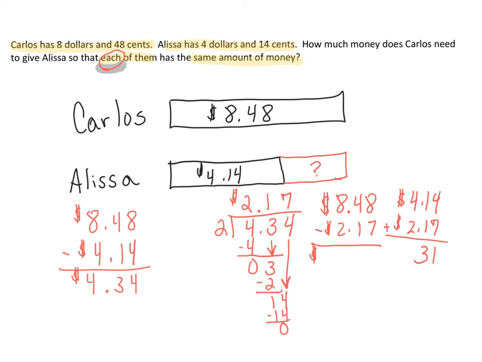I apologize. So let's do that again. That's 1, 3, 6. $6.31. Much better. Okay. $4. So 4, 11, 2, 3, and then 6. So each one will have $6.31 each if Carlos gives her $2.17 and he takes away $2.17 from himself. So that is how we're going to get the same amount of money for Alyssa and Carlos.